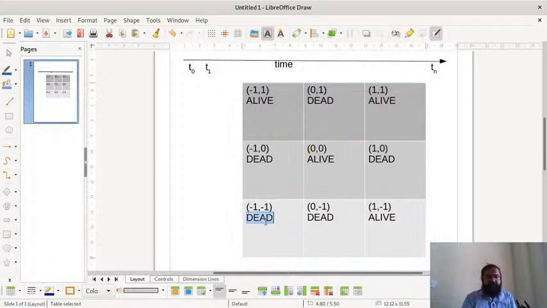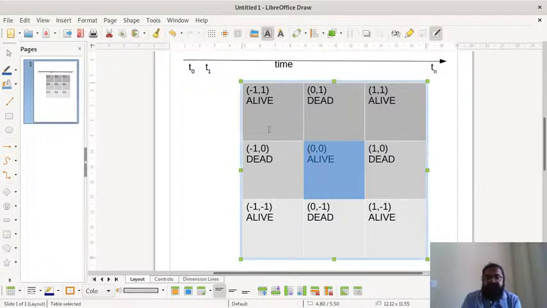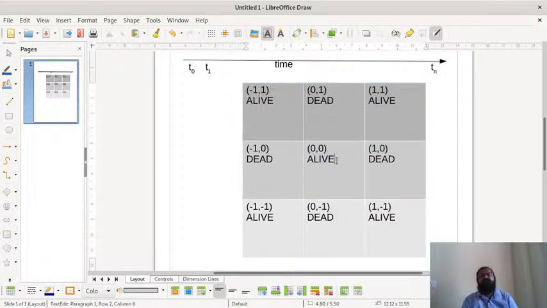Let's now assume this guy is also alive. So if we consider 0 0, we can see that out of all 8 neighbors, 4 of them are alive, which means that this guy cannot survive further, because this has led to a scarcity of resources.